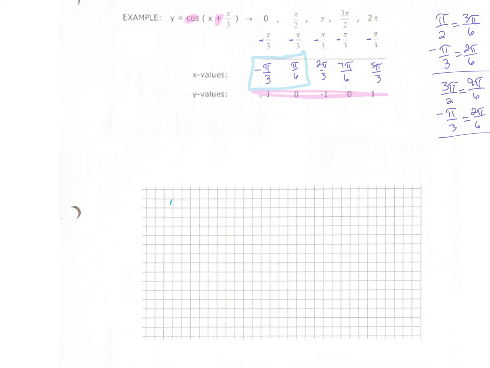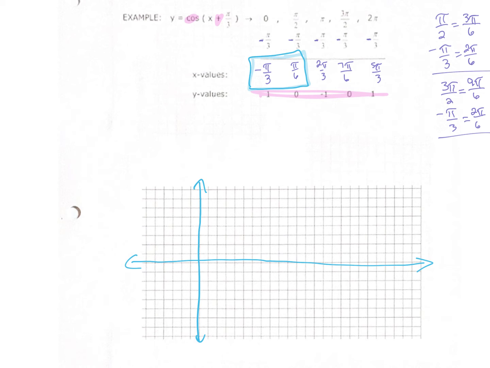So let's scoot over a little bit farther. If we compare these two numbers, pi over 6 and pi over 3, I want to think about which one is the smaller unit, and pi over 6 is smaller than pi over 3.